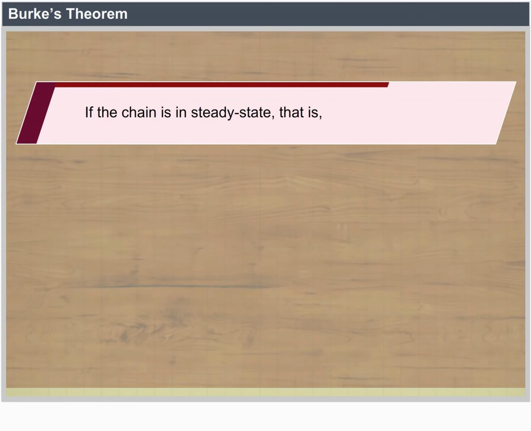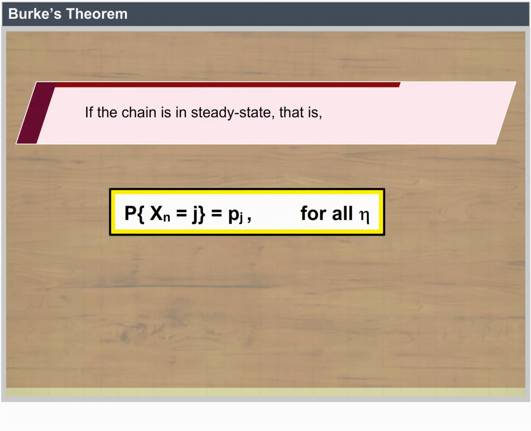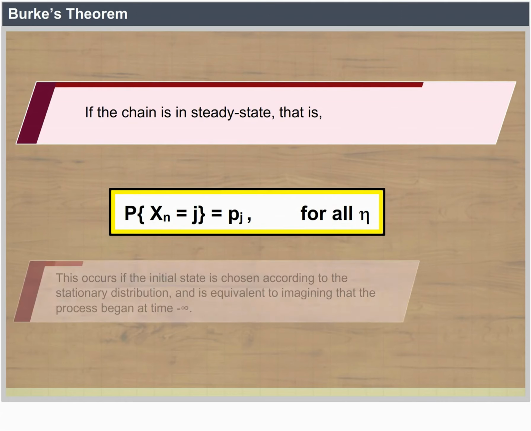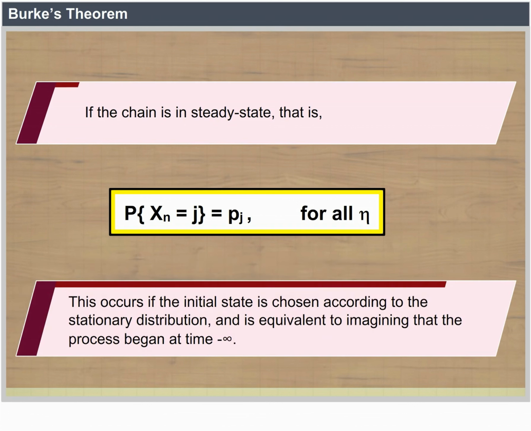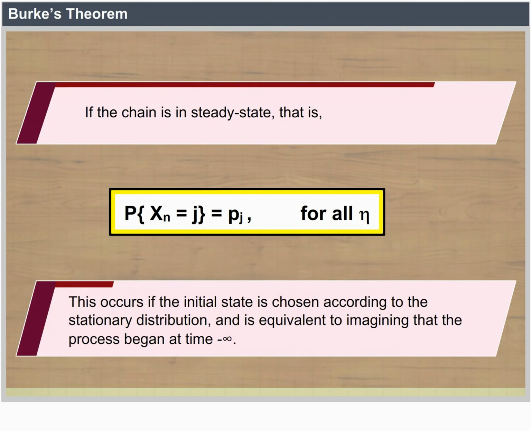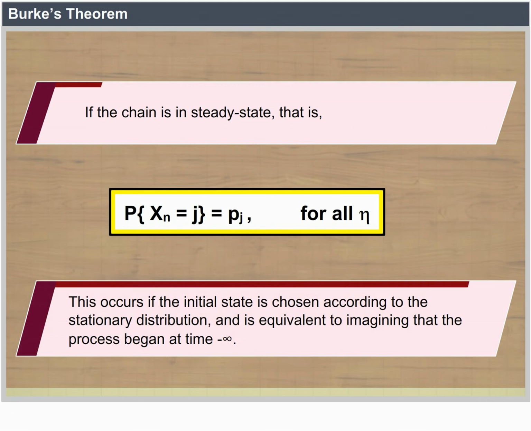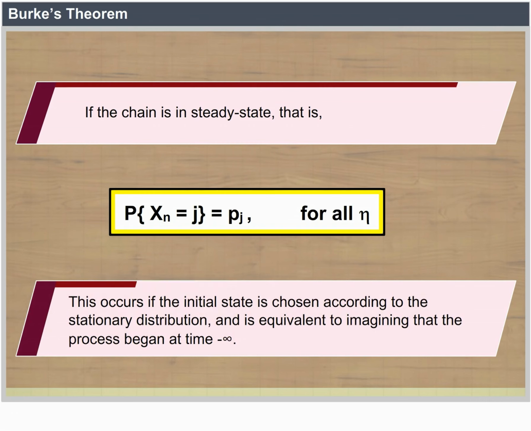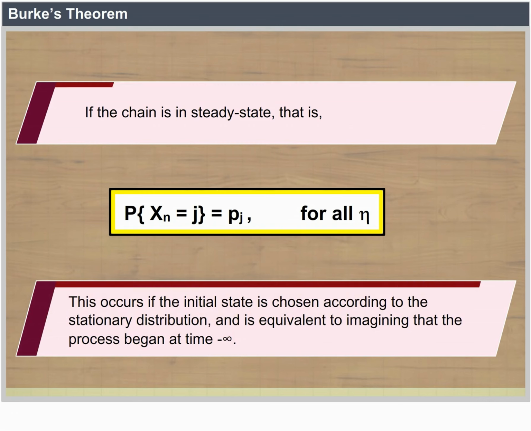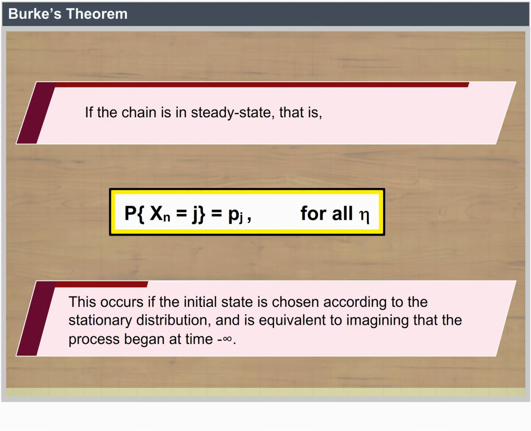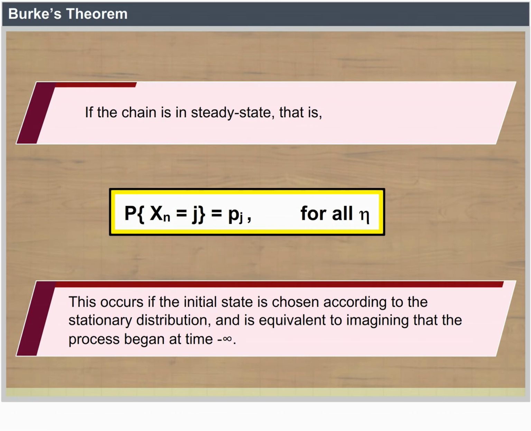Suppose that the chain is in steady state, that is, P(X_n equals j) is equal to P_j for all n. This occurs if the initial state is chosen according to the stationary distribution and is equivalent to imagining that the process began at time minus infinity.